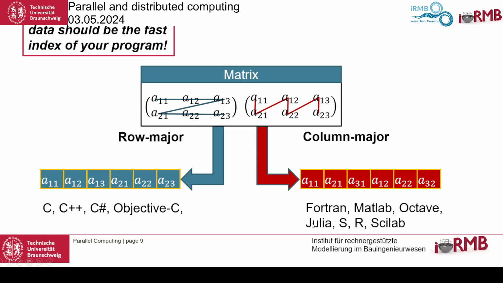Julia, R, Scilab. So they don't want you to think in C style. They have so-called column major. So they store the first column followed by the second column followed by the third column.